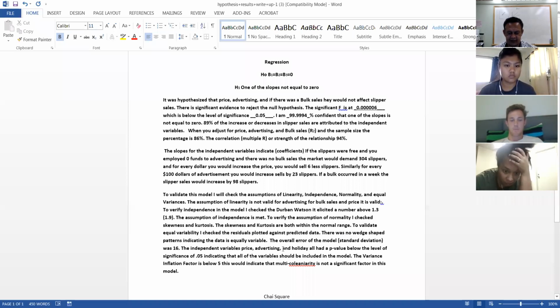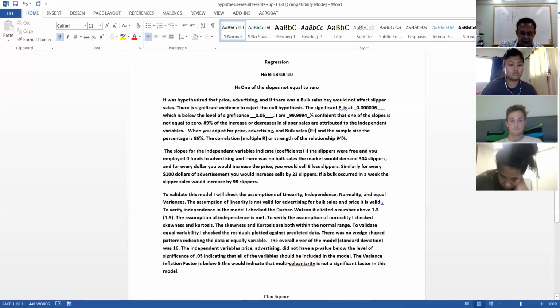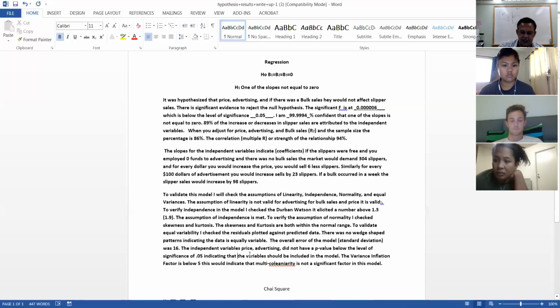Present advertising did not have a p-value below the level of significance, indicating that the variable should not be included in the model. Right?